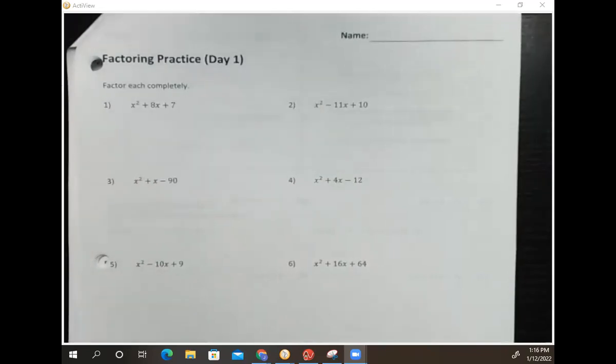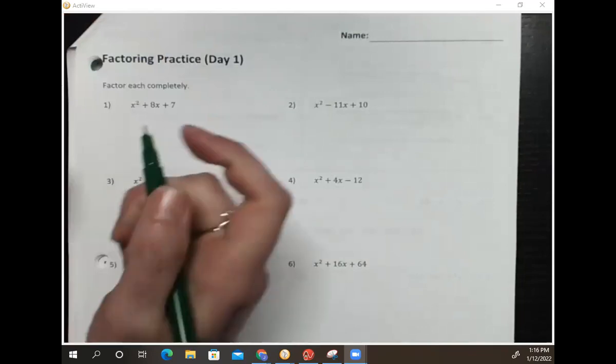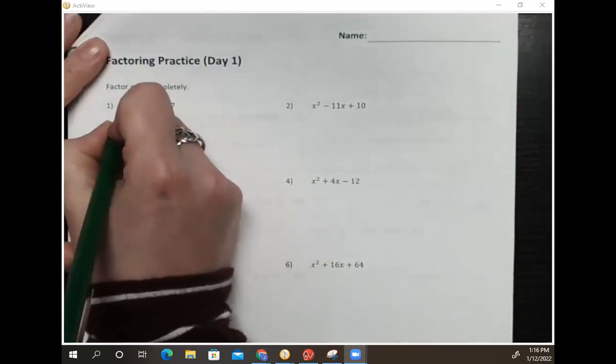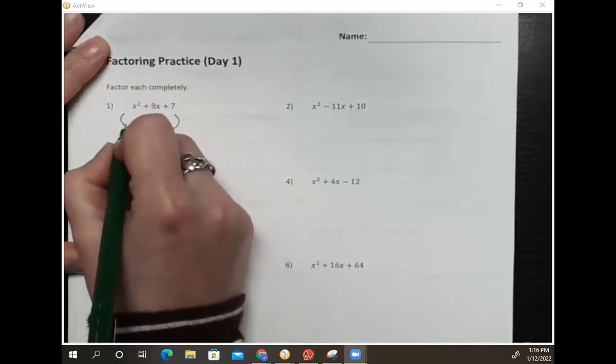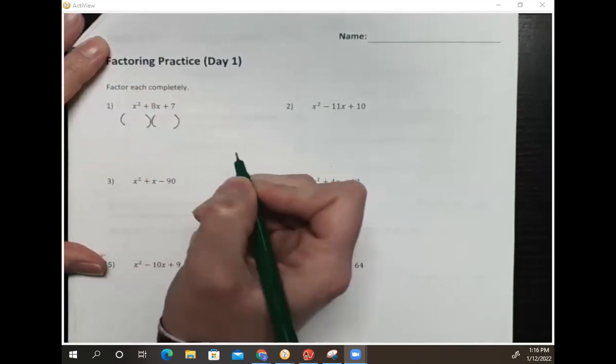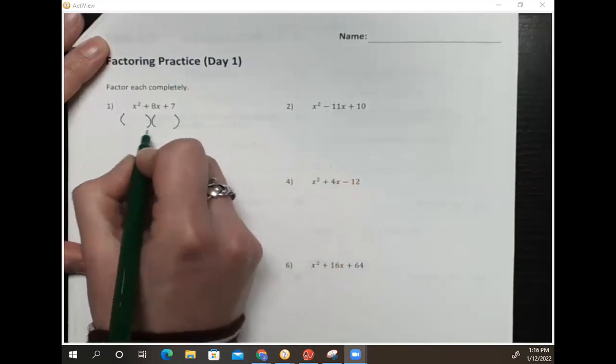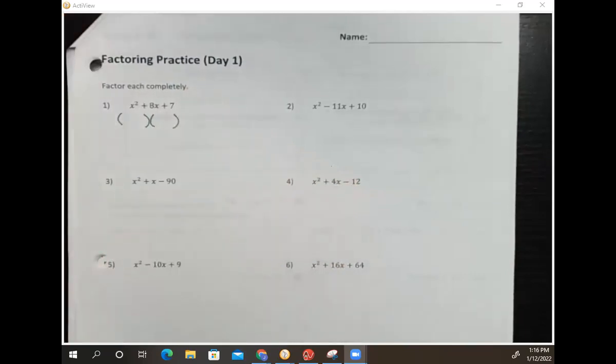For our factored form, every problem that we look at today, we're going to rewrite from standard form into something that looks like this. And we're going to fill stuff into these little parenthesis groups. These are going to be called our factors. It's kind of reminiscent of vertex form when we wanted to change it back to standard form.